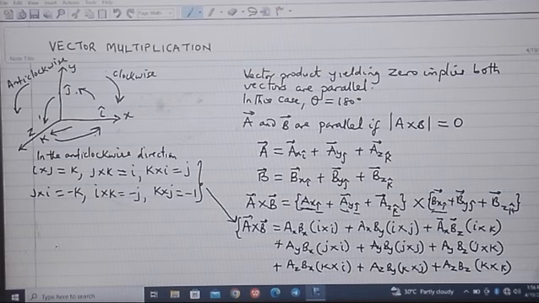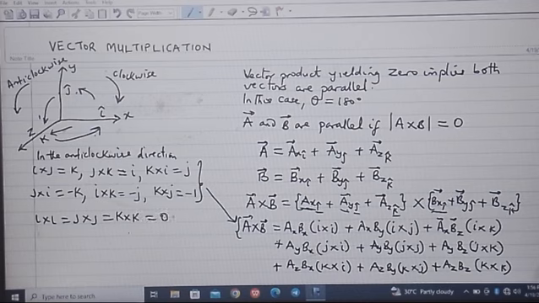Now I cross I is equal to J cross J, and is equal to K cross K, and that is 0. So for vector product, I cross I is equal to J cross J is equal to K cross K, which is equal to 0.